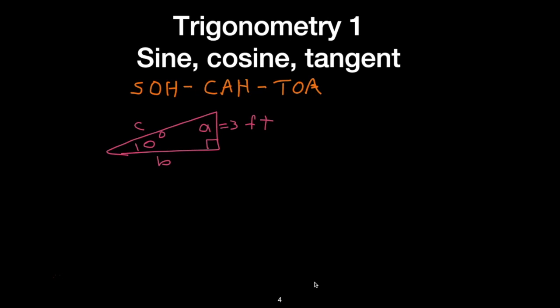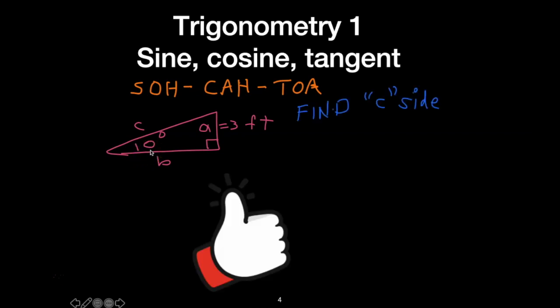So a right triangle skateboard ramp has a height off the ground of 3 feet. It's at a 10-degree angle to the ground, to the horizontal, and we want to find side C. Now, if you remember, side C is opposite to the right angle, so it's not opposite, it is hypotenuse.